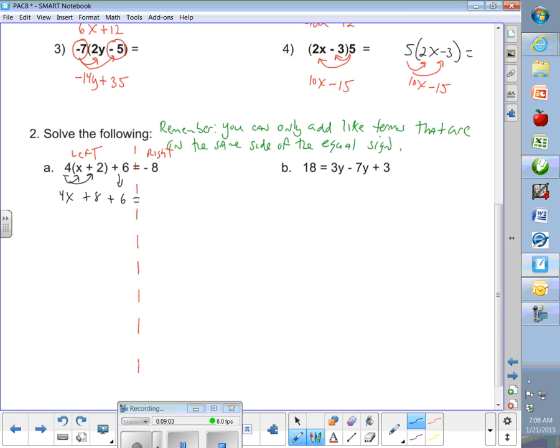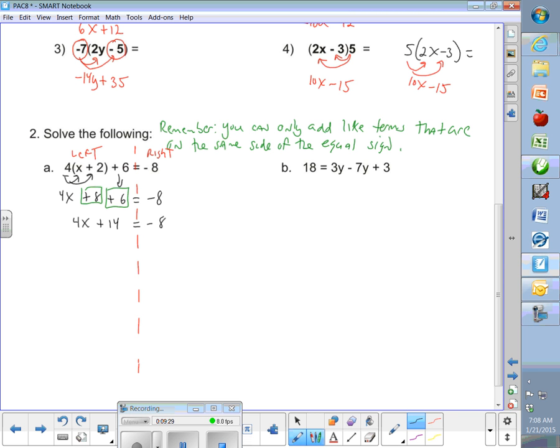There's our equal sign and negative 8. Okay? Now we're ready to add like terms. We're going to add two numbers that are on the left. So we have a 4x, positive 8 and positive 6 is positive 14. There's our equal sign and negative 8.